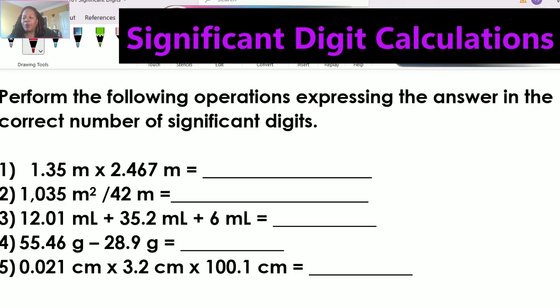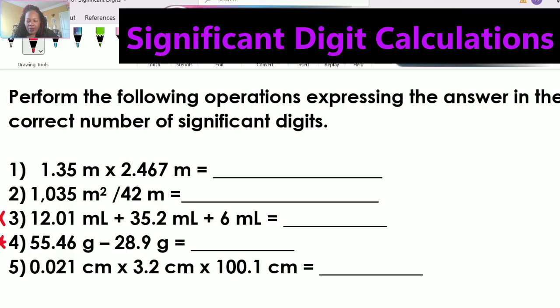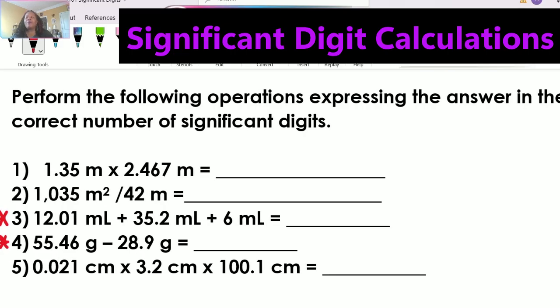So we're going to do number 3 and number 4. Let's go ahead and do these problems right here, okay?